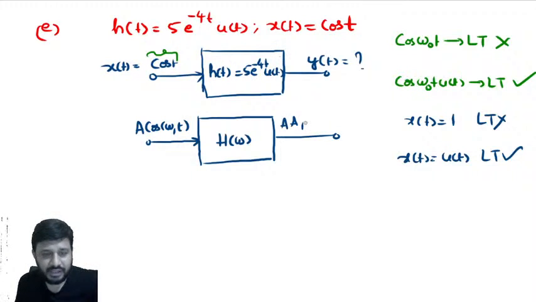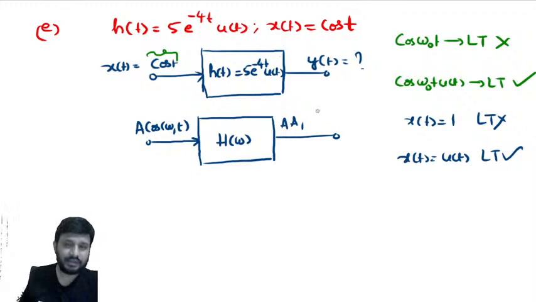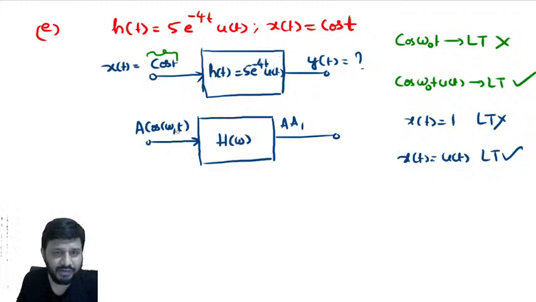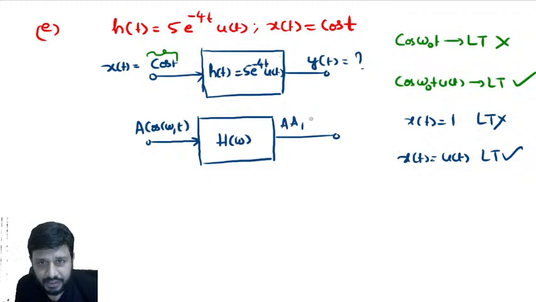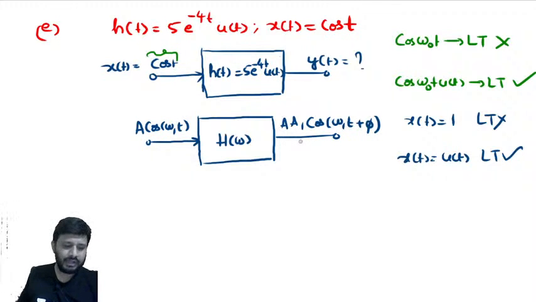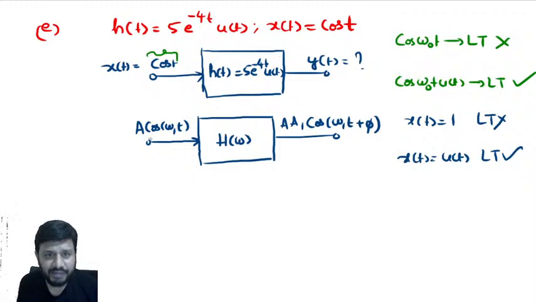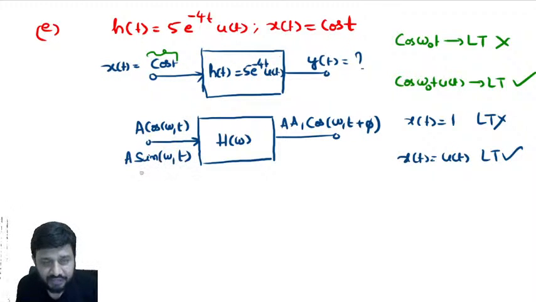This is the result of the eigenfunction property. The output will be the same as input, but there will be a change in magnitude and phase. Frequency will not change.